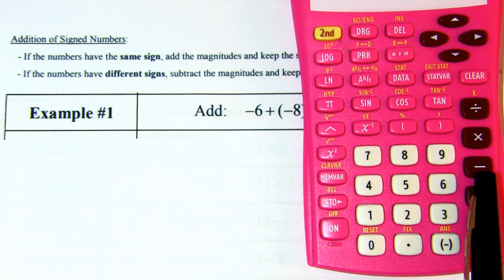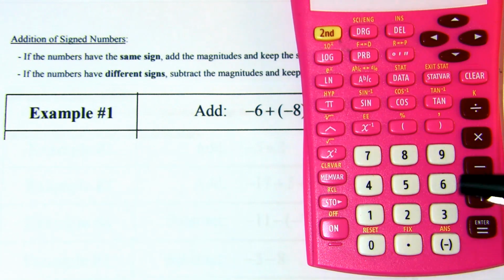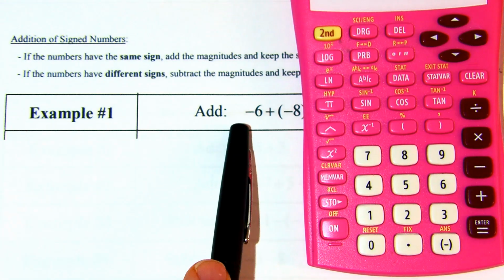It's not exactly the same as your subtract button. In real life, negatives and subtractions are like 99% the same. But technically, the subtraction key is like a verb. You're doing something. A negative key is like an adjective. You're describing the number. It's a negative 6.